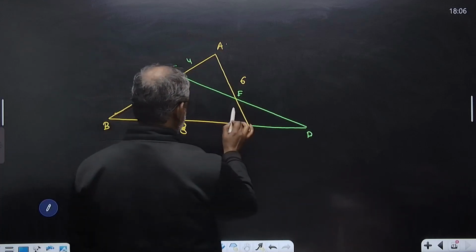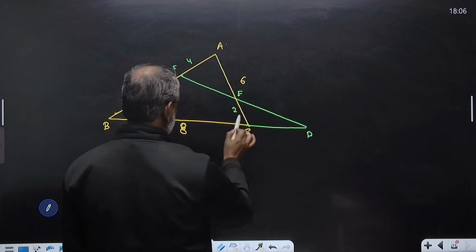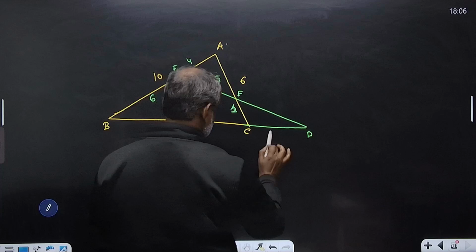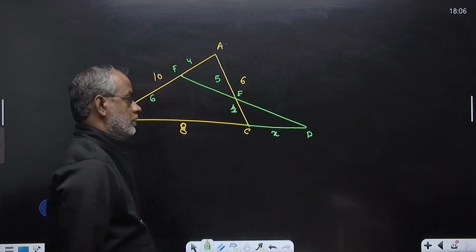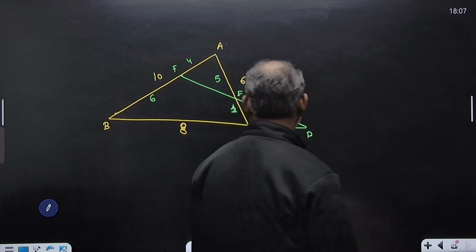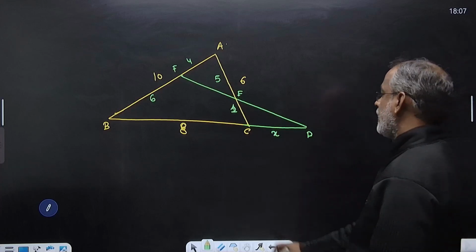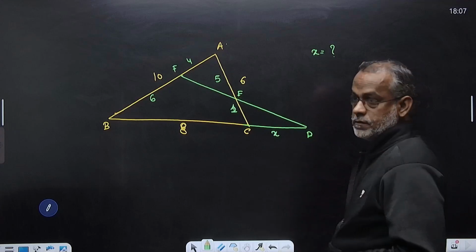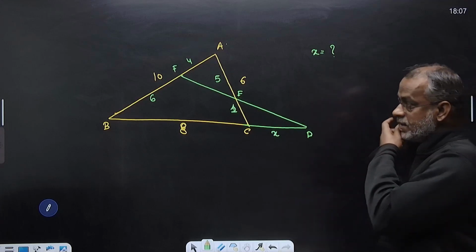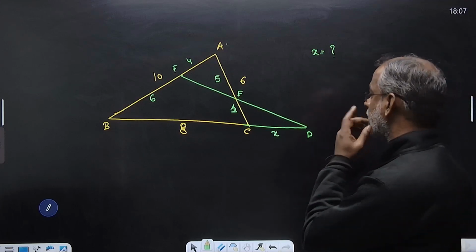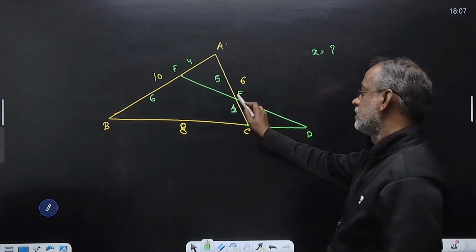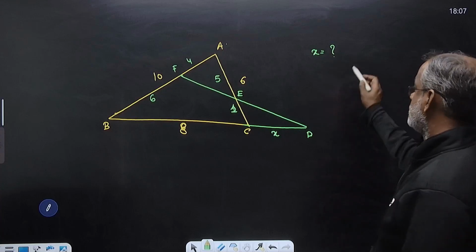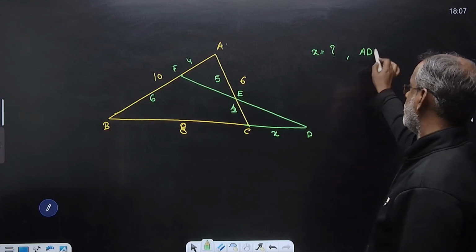This is say 2, this is 1, this is 5. And this is X. Suppose we have to find X. And then we can use Stewart's theorem to find the sides. Okay, find X and AD.